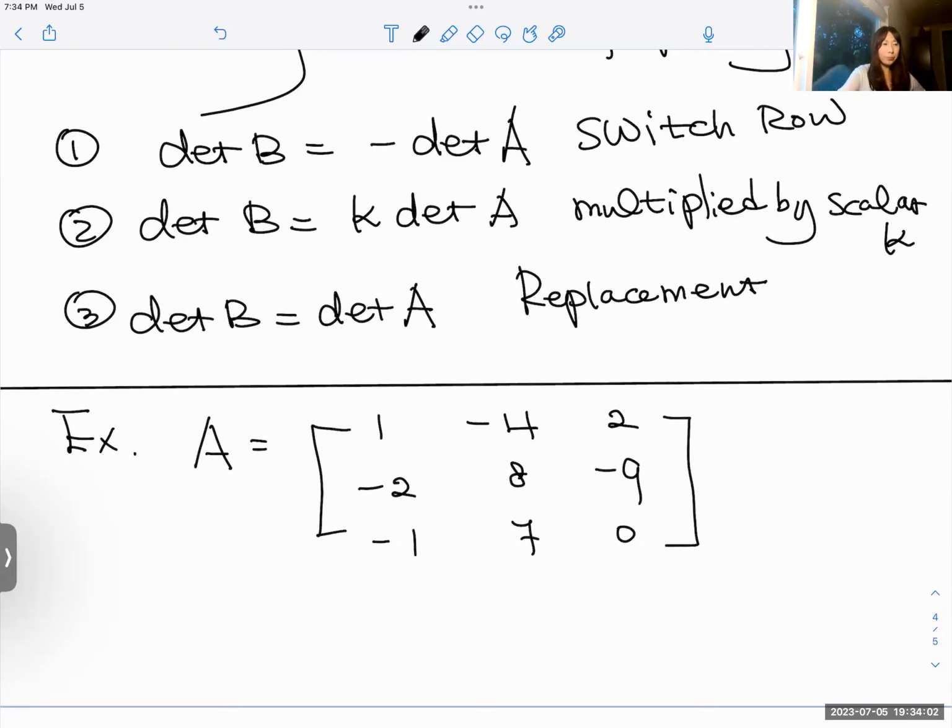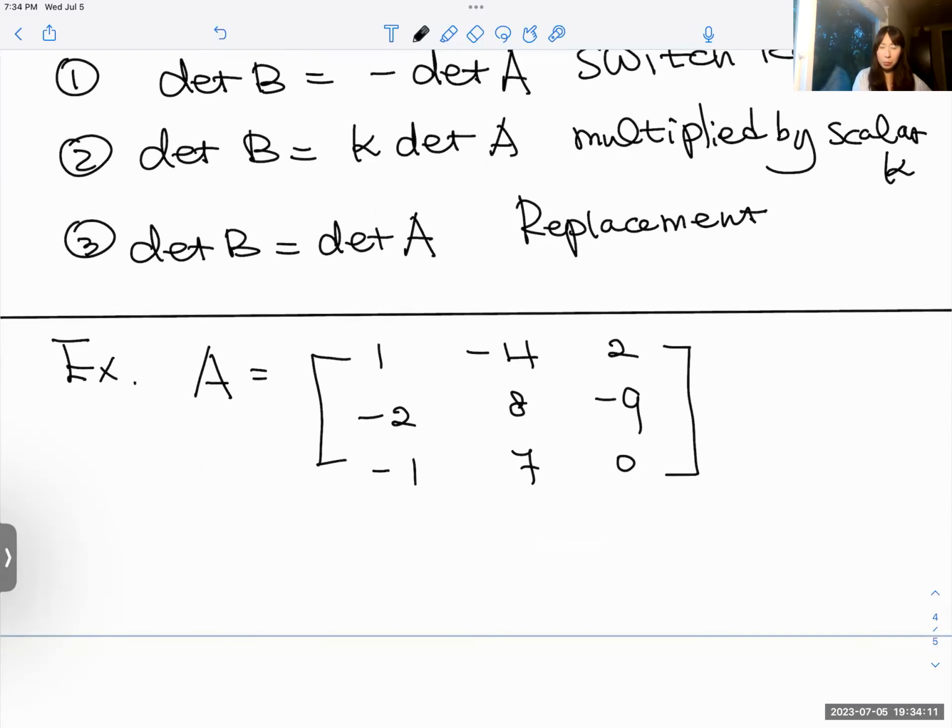Okay, so we want to make an upper triangular matrix.